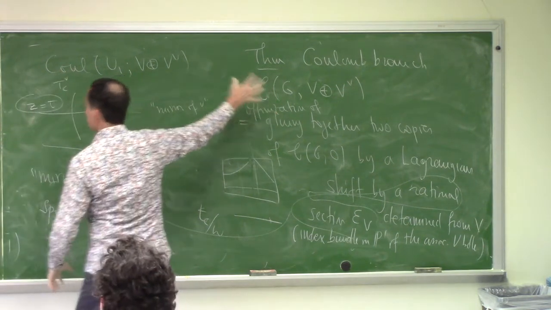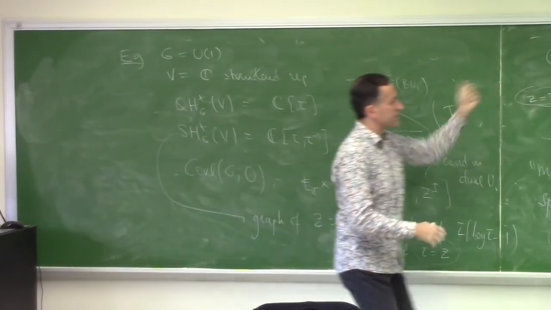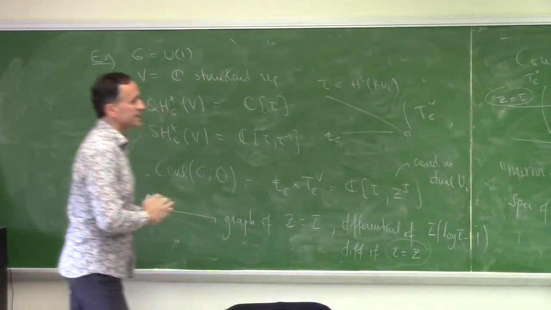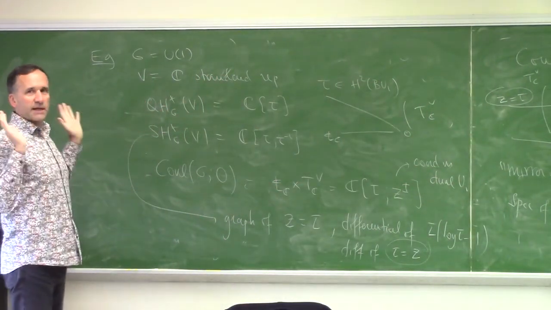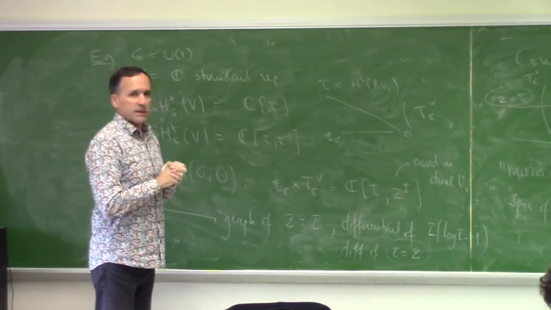This is almost equivalent to what seems to be gone, that it acts on the quantum cohomologies of the manifold times V. It's almost equivalent to that. All right, I'm already over time, so I'll stop here. Thank you.